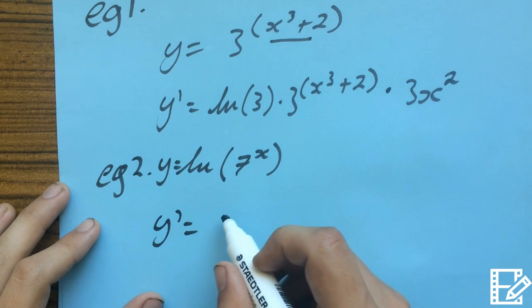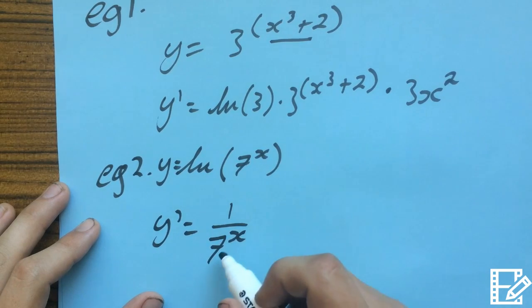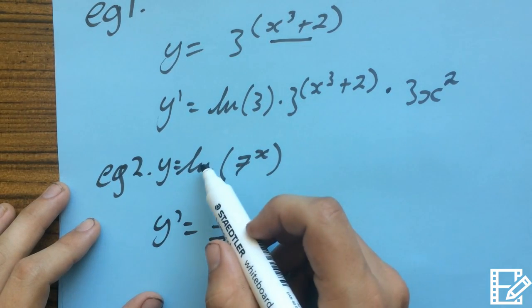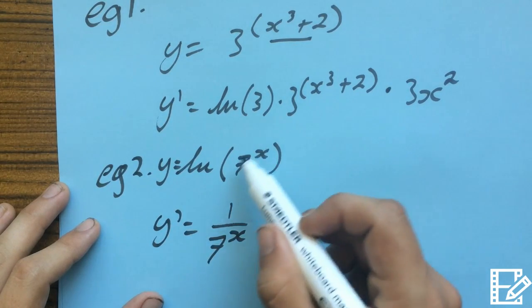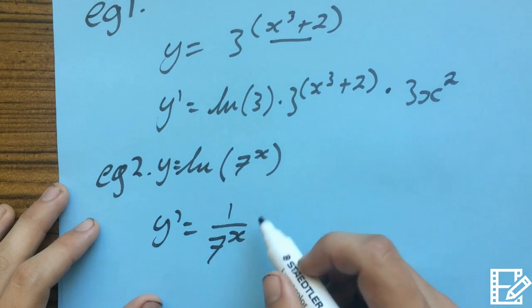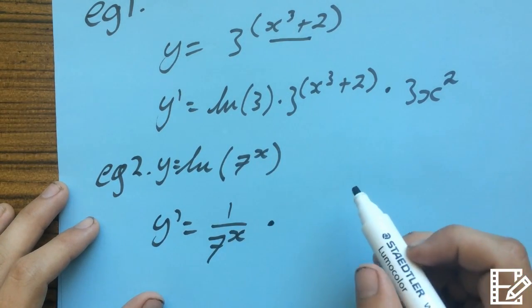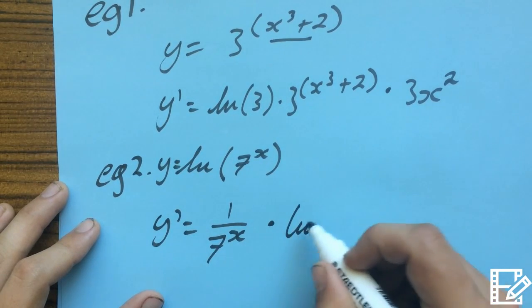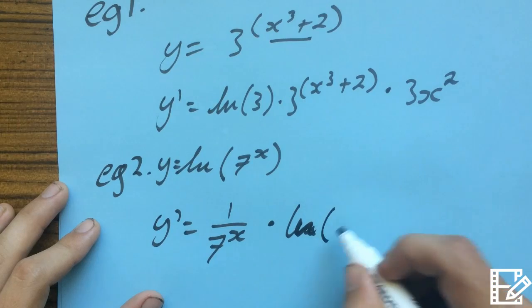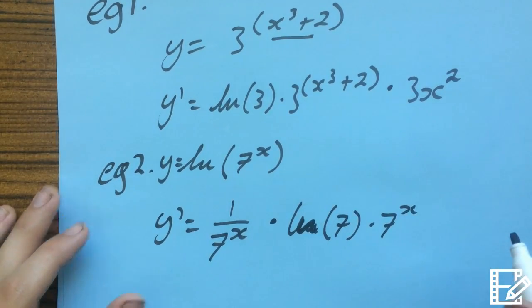Derivative of the outside, 1 over 7 to the power of x, because when you derive ln, it just becomes 1 over whatever's in the brackets of the ln. Now, we multiply that by the derivative of the inside. 7 to the power of x becomes ln 7 multiplied by 7 to the power of x.